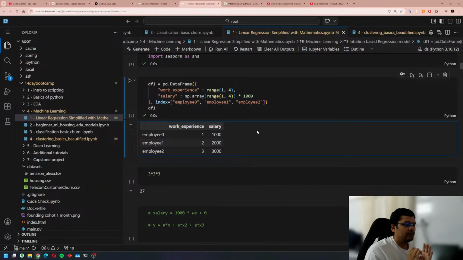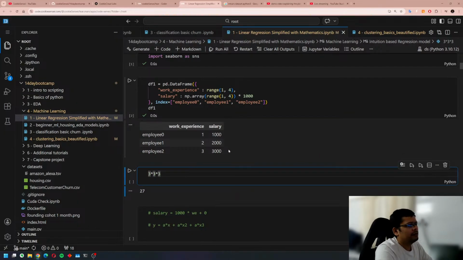We're going to feed the entire data to the machine, but in two parts. In one part there would be the questions, in the second part there would be the salary, which is the answer. Right now, if I were to ask you a simple question like, if the work experience is 4 years, then what would be the expected salary? 1,000, 2,000, 3,000.